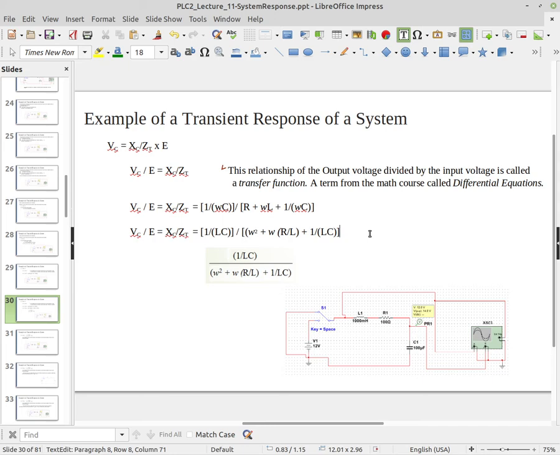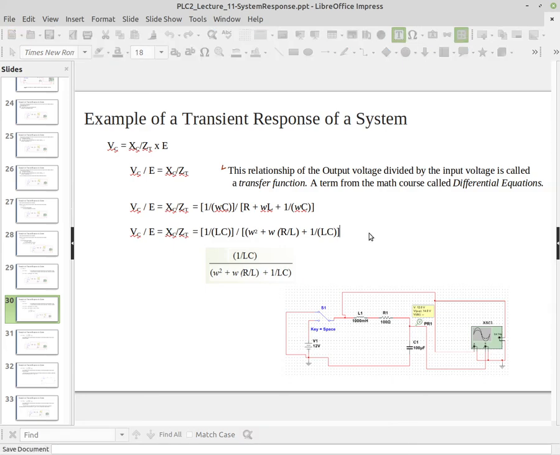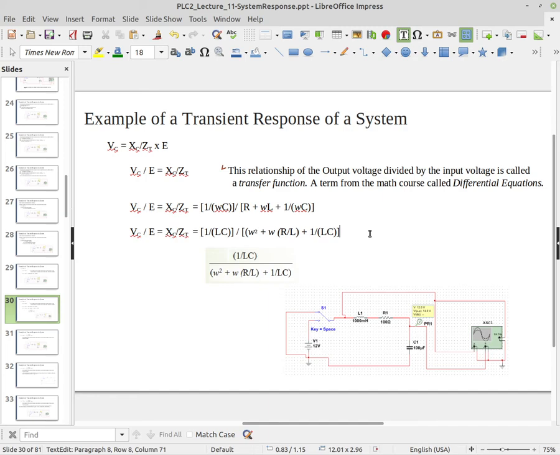This natural frequency is assuming 0 resistance. Because we do have resistance in here, it actually slows that frequency down a little bit. But we can get the baseline of the actual frequency of any oscillation.